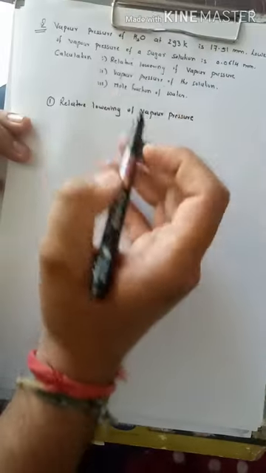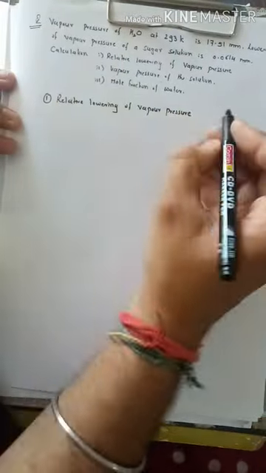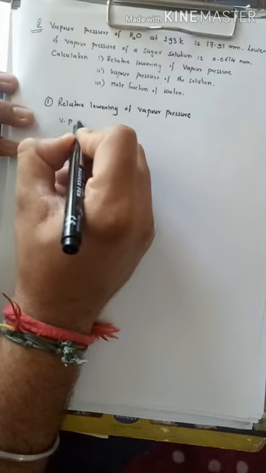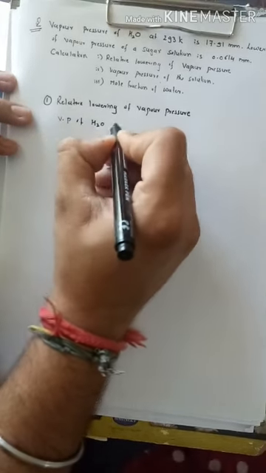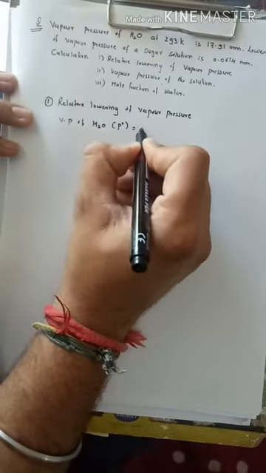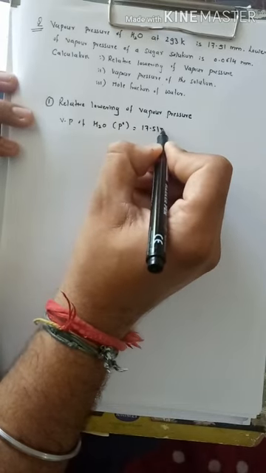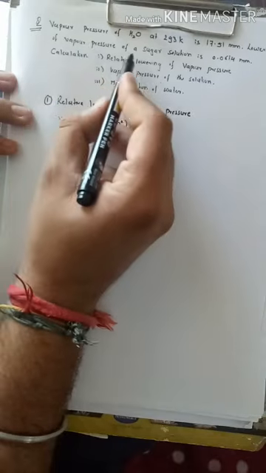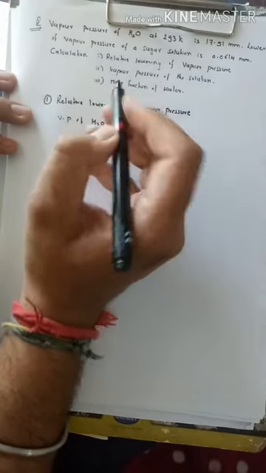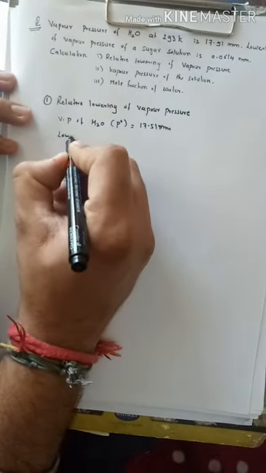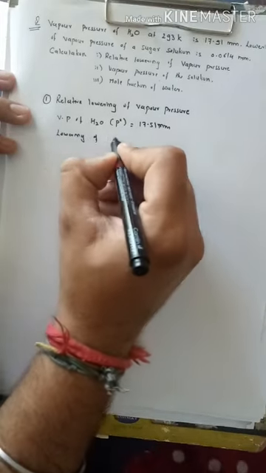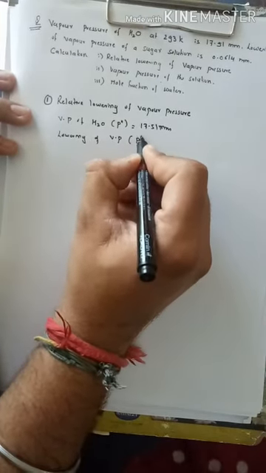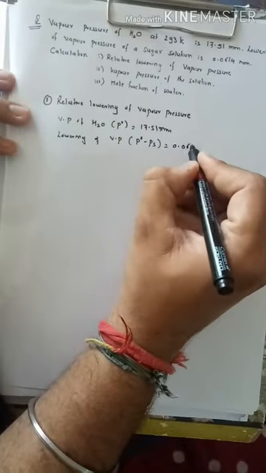As you can see, the vapor pressure of water is denoted by P naught equals 17.51 mm. Is that clear? Next, the lowering of vapor pressure, P naught minus Ps, is equal to 0.0614.